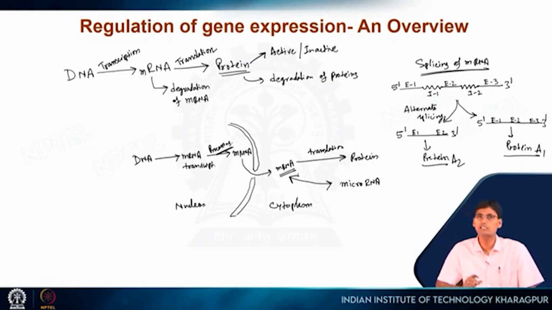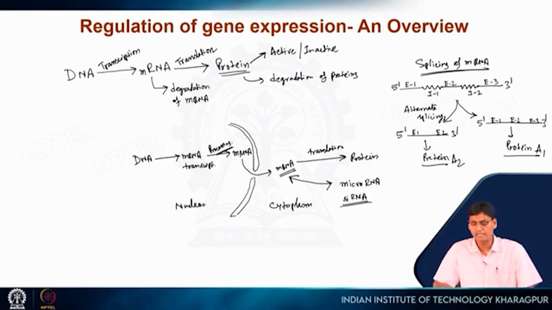So this microRNA is a small RNA, but it can control the mRNA, how long it will be present inside the cell. Similarly, siRNA. So siRNA is also very important, and that also regulates the mRNA function.